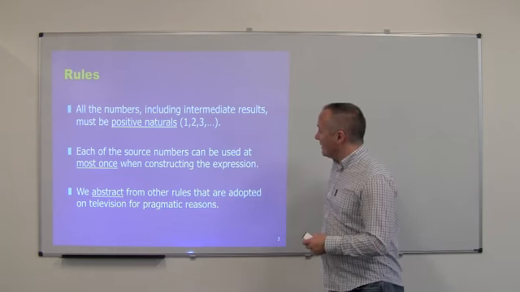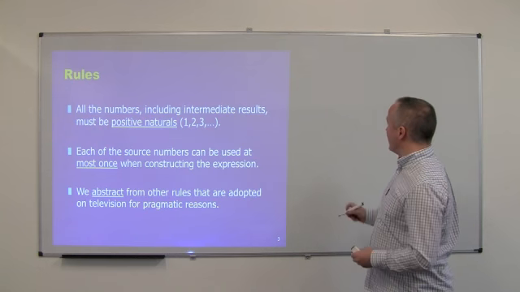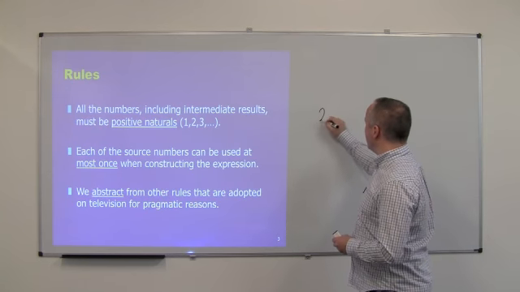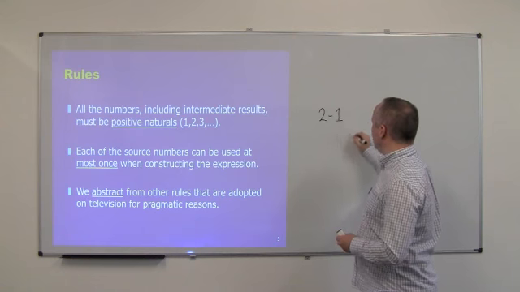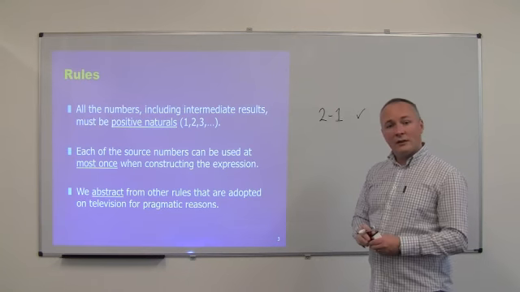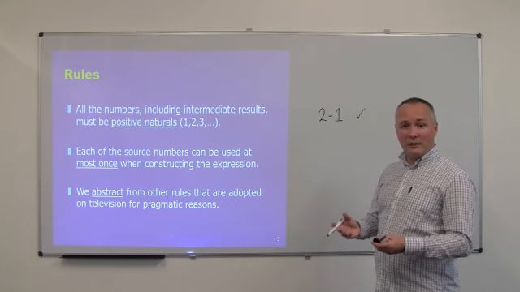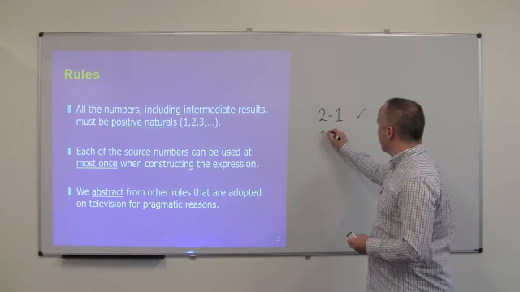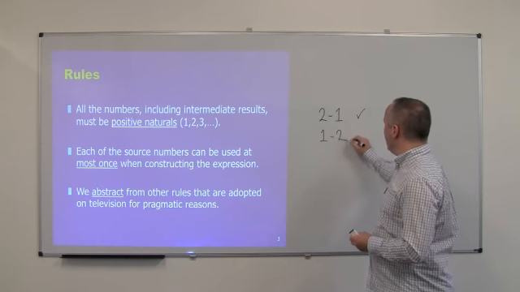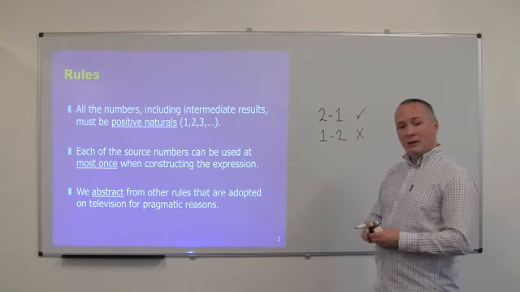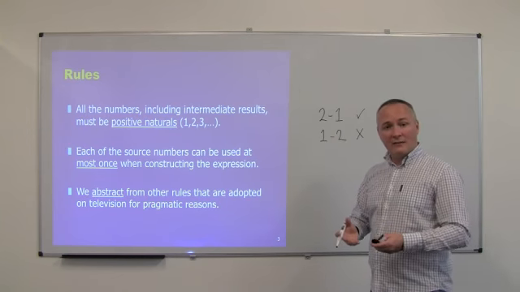We can illustrate this using the board. For example, if at some stage in the game you do 2 minus 1, that's okay because the result is a positive natural number. What would not be okay is if you did 1 minus 2 because the result is minus 1. That would move outside the domain of the game.